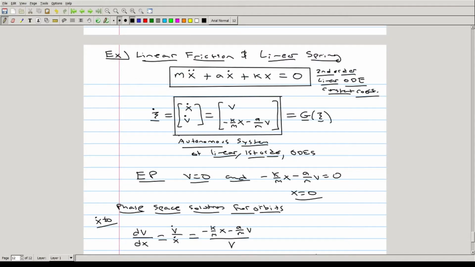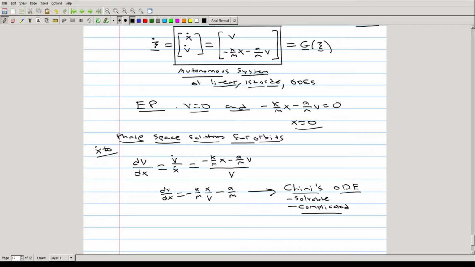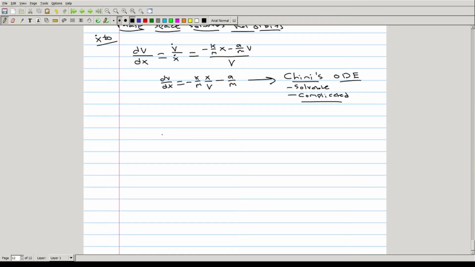You'll hopefully remember how to solve this system of ODEs as well using what's called a characteristic polynomial to get the actual solution x of t. So you can go through and do this to directly solve for this problem.